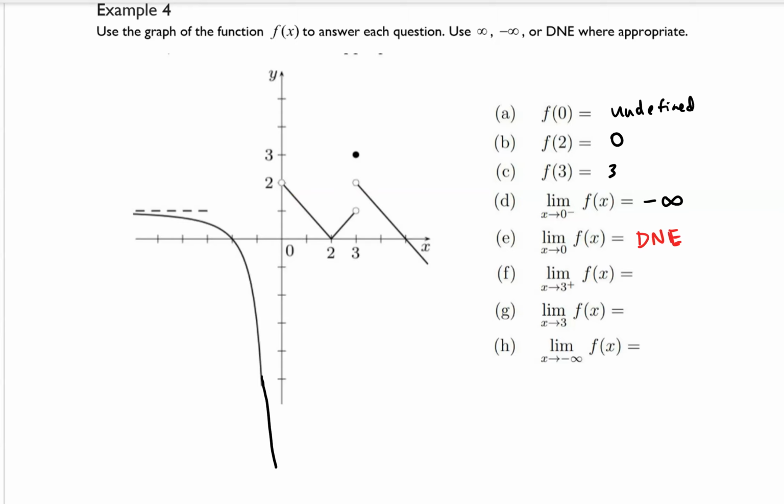Okay, so now we want to find the limit as x approaches 3 from the right. So here's x equals 3, so I'm going to draw my little kid with the balloon. As the kid is getting closer and closer to 3 from the right, what is it approaching? Well, the balloon is going right here, and the y value for this point is 2. So this is going to be 2 there.